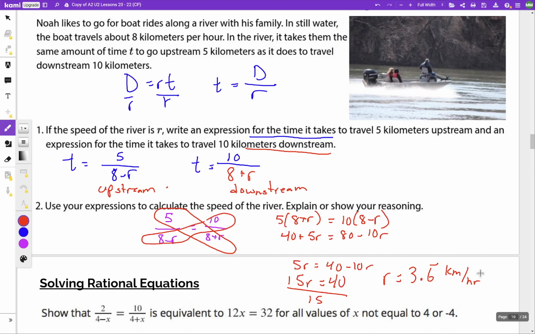And then 8 minus r is going to be 4. All right, I think we're good. I just want to make sure that my math here is in fact correct. And I believe that it is. Okay. Yep. So it looks like 3.6 kilometers per hour.